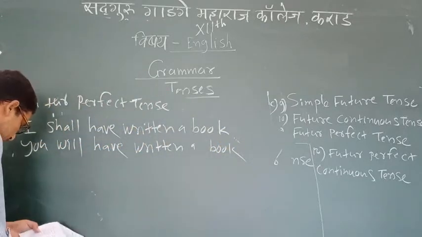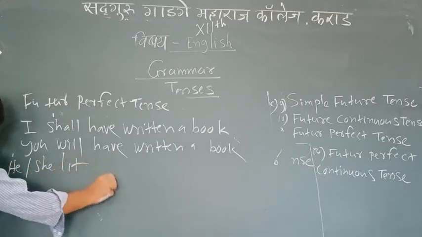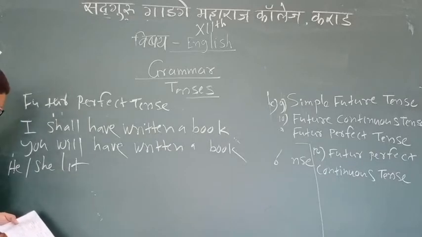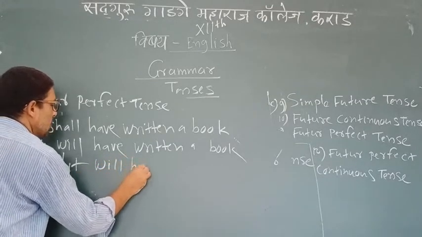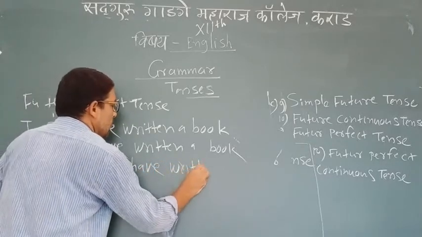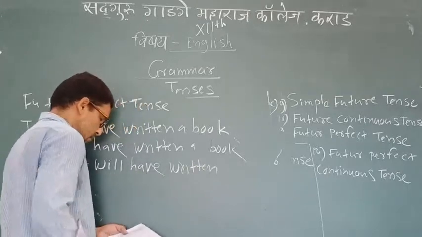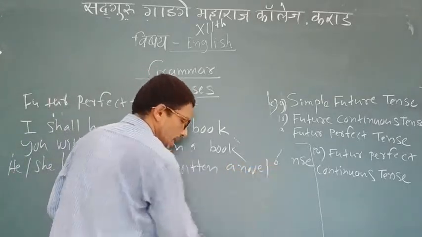If you use subject as he, she, it, you have to use will have written. Will have written a novel.